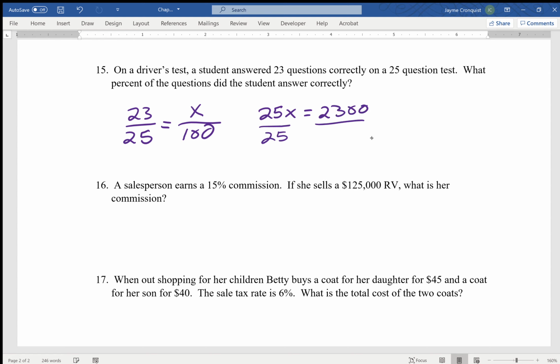Divide by 25. x is equal to 2300 divided by 25, 92. And that is the percent. Remember, when we're doing the proportion, because it's divided by 100, that is the actual percent.